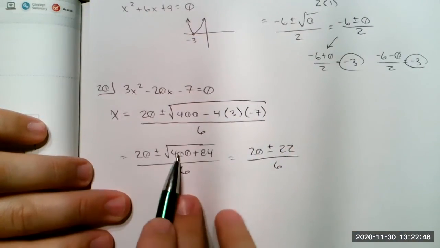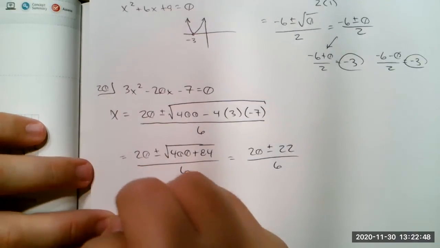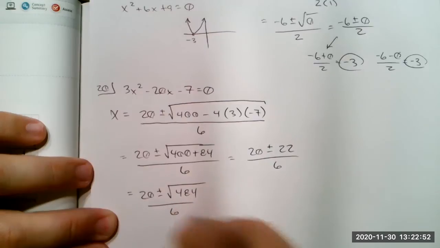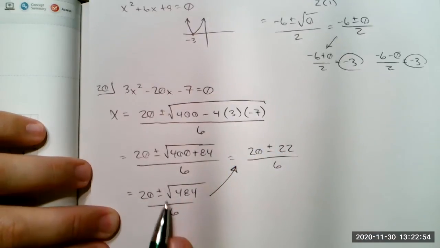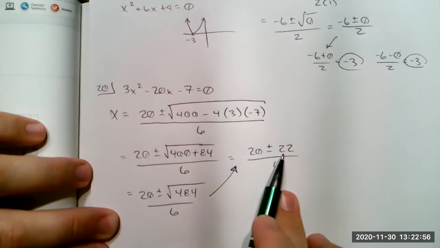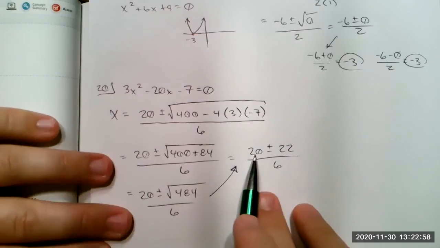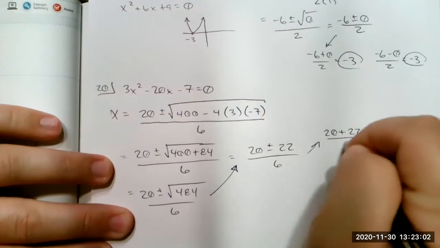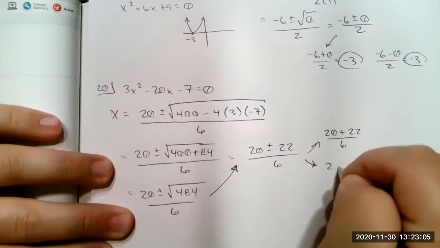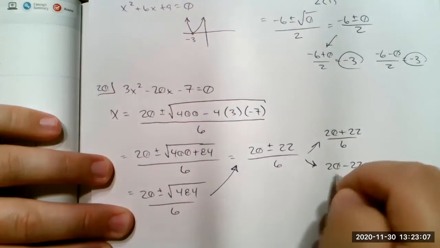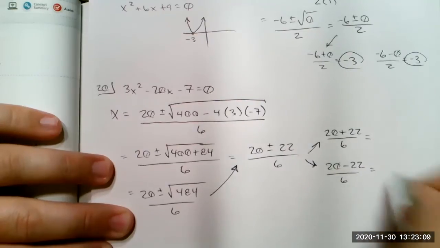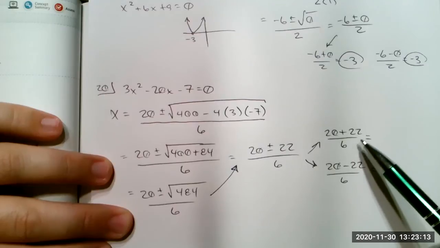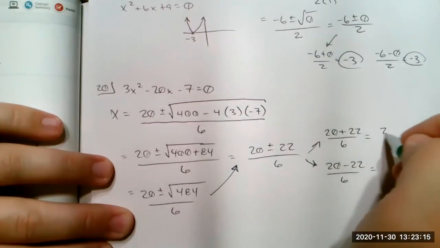All right, so 400 plus 84, I'm gonna go ahead and write this out just to make sure everybody's on the same page as me. 484 divided by 6. The square root of 484 is 22. So notice that one direction is gonna be 20 plus 22 over 6. The other direction is gonna be 20 minus 22 over 6. So this is 44 over 6, 22 over 3.